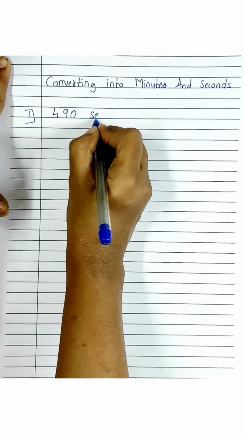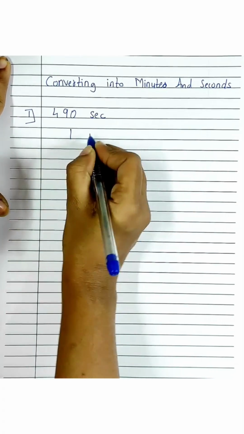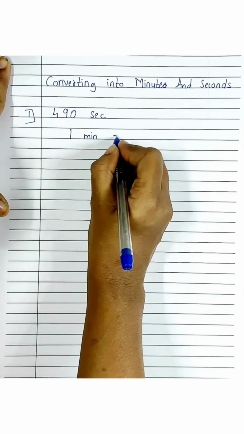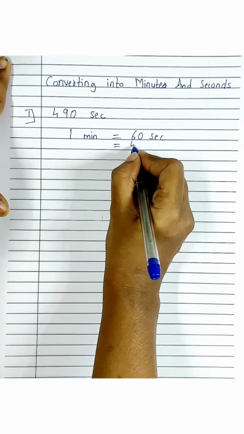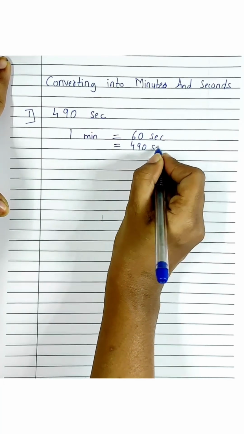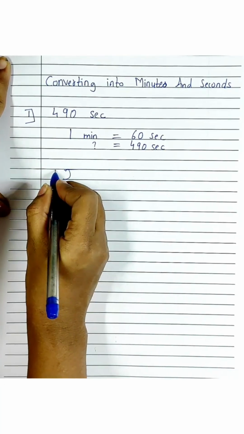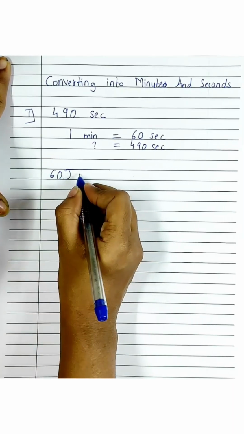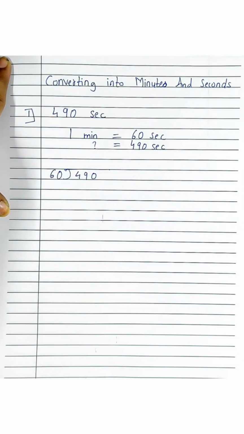490 seconds. So we know that in 1 minute there are 60 seconds. So in 490 seconds, how many minutes are there? Simply you have to divide by 60. Okay, so 490 divided by 60.